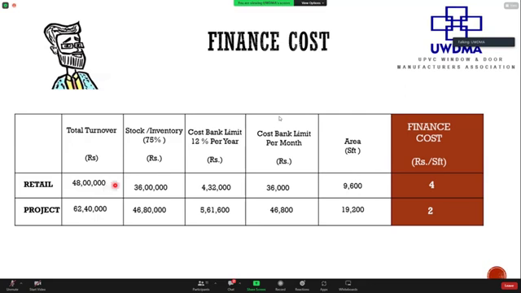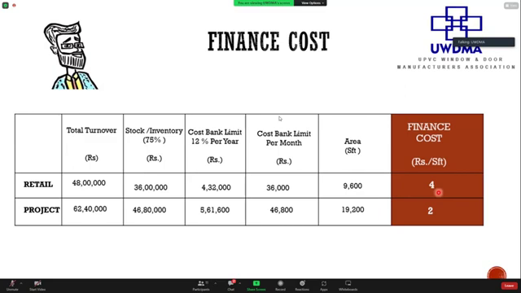And then 75% of the stock or inventory of this turnover, and then whatever these bank limits and all. Because I'm bad with finance, let me tell you clearly. So at the end, let's come to the end.